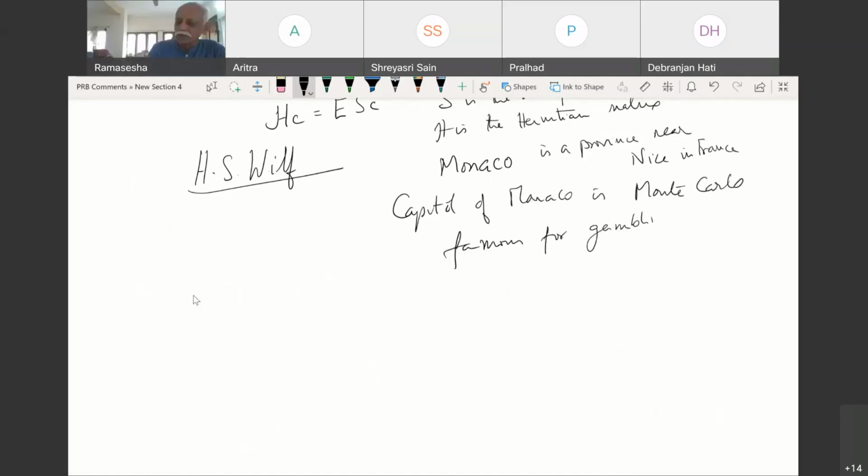You have lots of casinos, like Las Vegas or Atlantic City. So it's famous for gambling, and gambling involves random numbers, right? That's the reason why whenever you deal with random numbers to study properties, you call them Monte Carlo techniques. Okay, so the name Monte Carlo comes from a province famous for gambling.